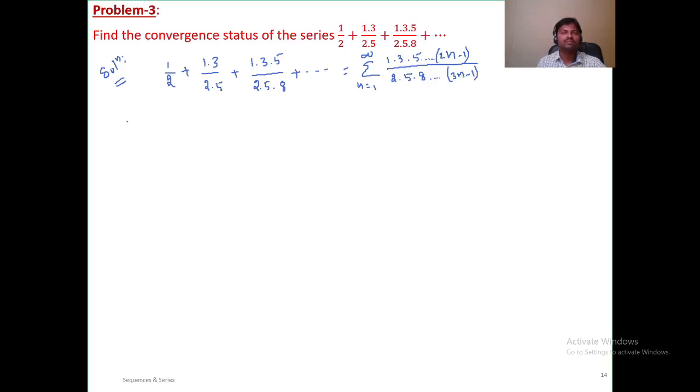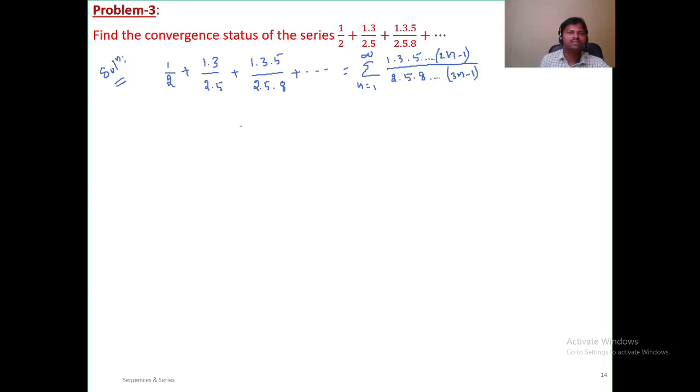So 2 into 5. Next term we need to find. Substitute n is 3. 3 times 3 is 9, 9 minus 1, 8. So 2 into 5 into 8. Likewise, can you guess what will be the fourth term here? Substitute n is 4: 2 times 4 is 8, 8 minus 1, 7. Up to 7 you need to write.